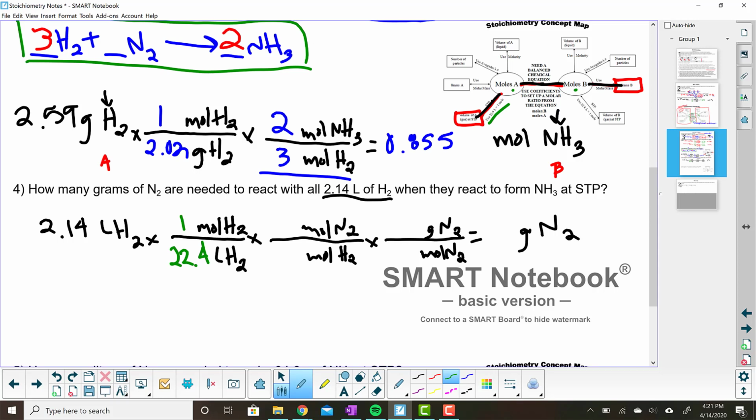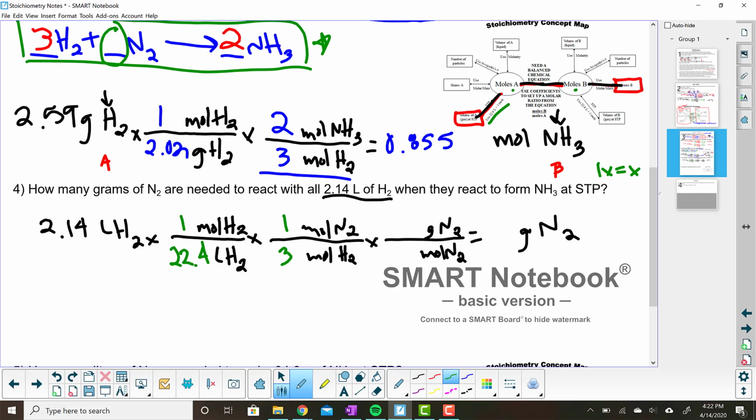So let's look back up at the last problem. There are 3 moles of H2 to react with 1 mole of N2. Remember, if there's nothing written there, it's an implied 1. Just like in algebra, we don't have to write 1x, we can just write x. So there's 3 moles of hydrogen for every 1 mole of nitrogen.